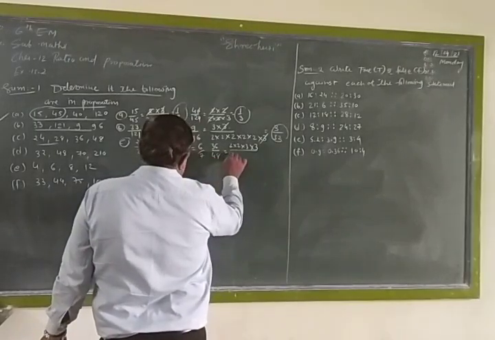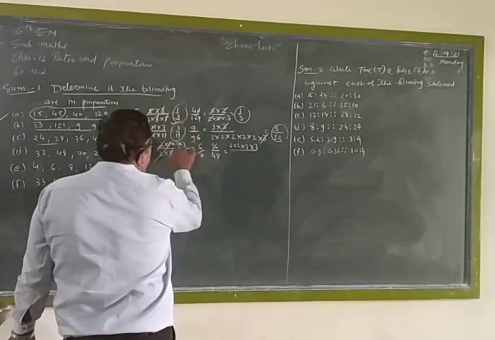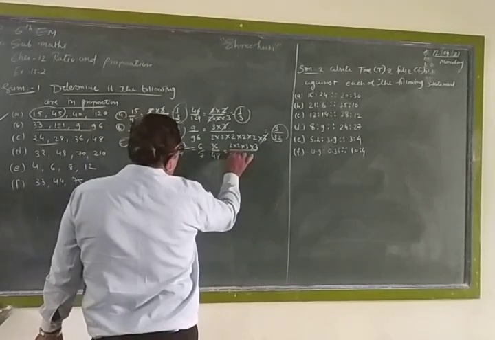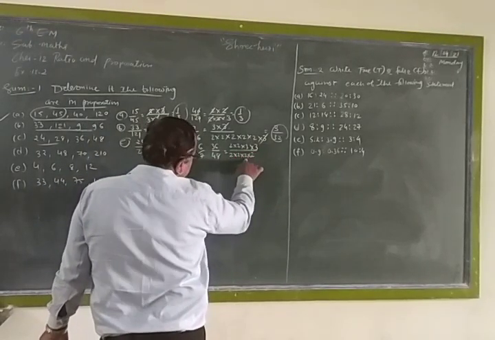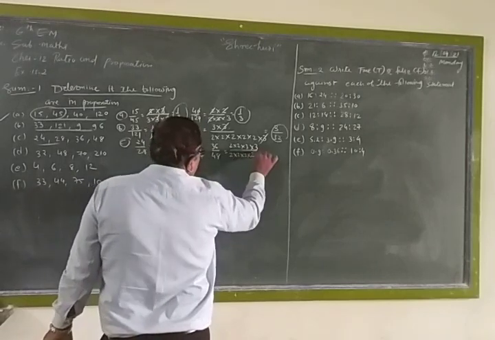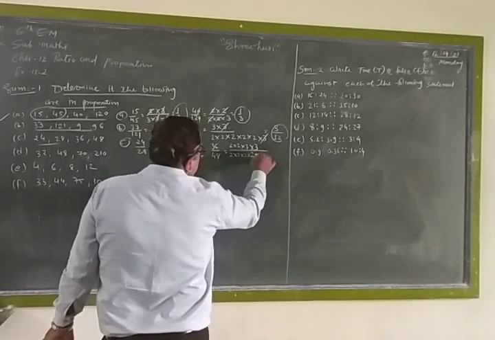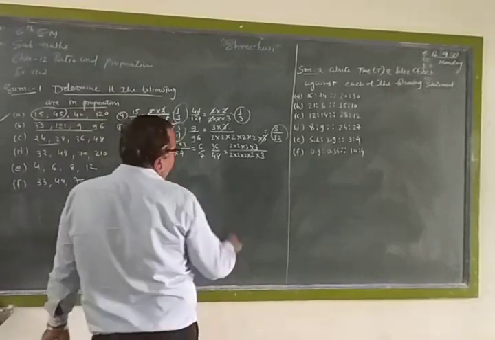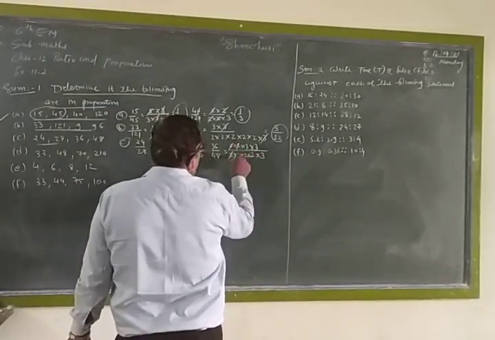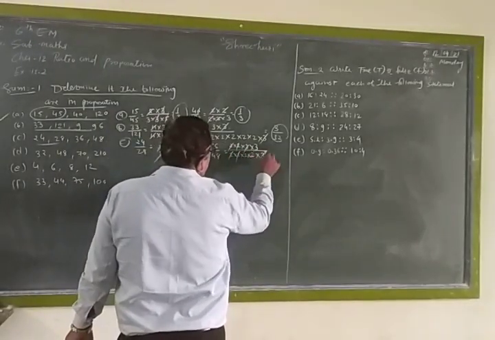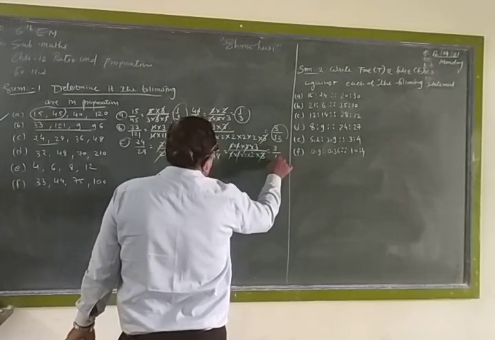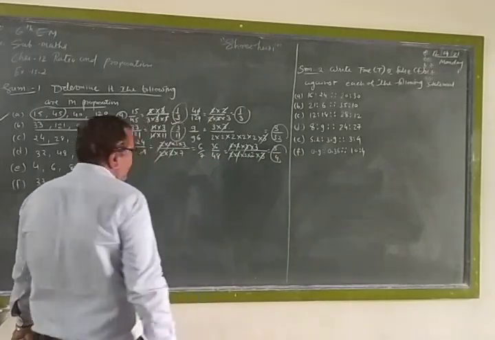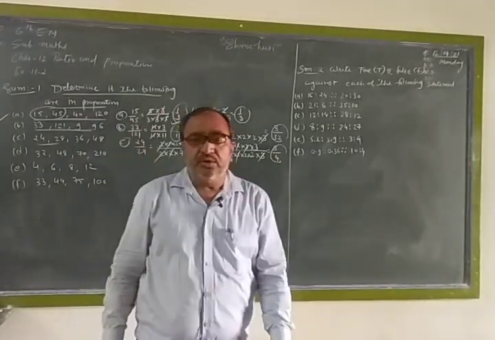Now 48 has the prime factors 2 times 2 times 2 times 2 times 3. The 2s cut and the 3 cuts. Now 3 upon 4, so both are not the same, so it is not in proportion.